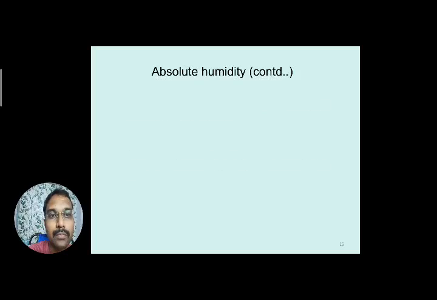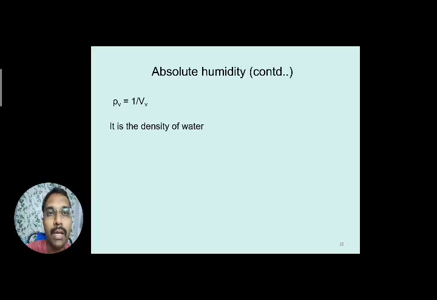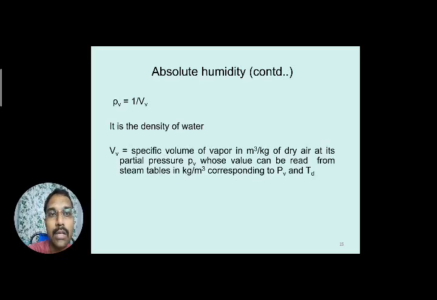Now, in continuation, rho v equals 1 by v of v. It is the density of water vapor, where the suffix small v represents the specific volume of vapor in meter cube per kg.